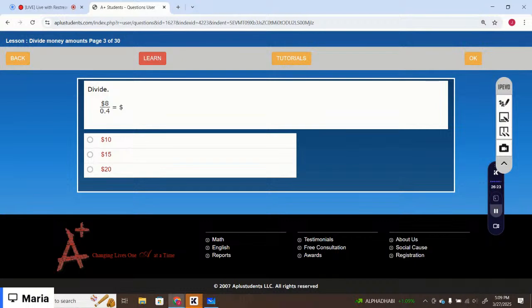8 divided by 0.4, so which is the correct option? The correct option is $20.